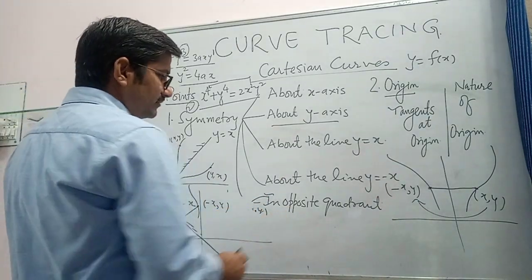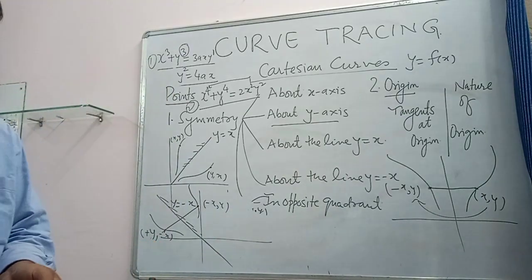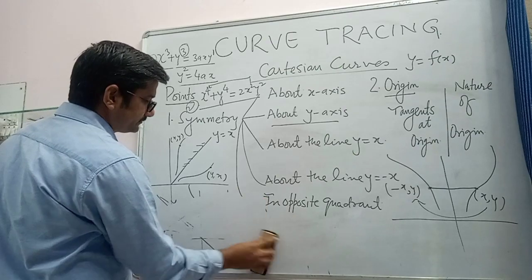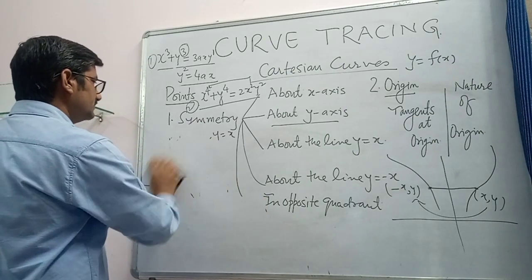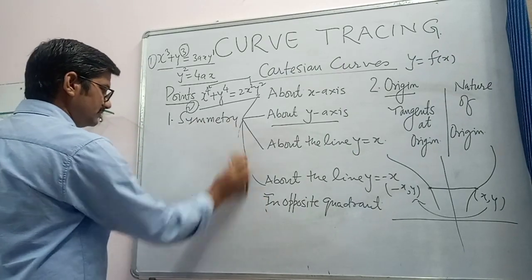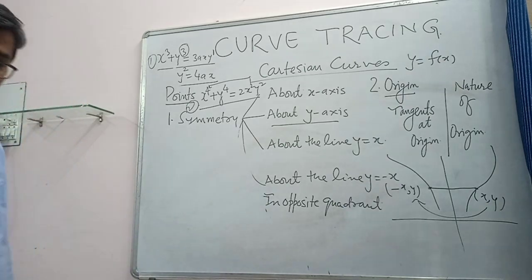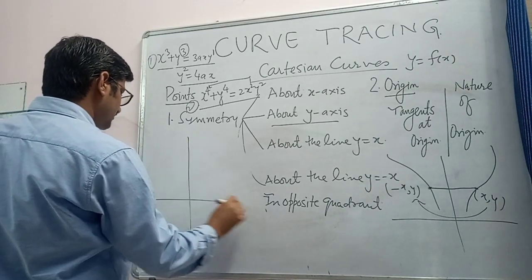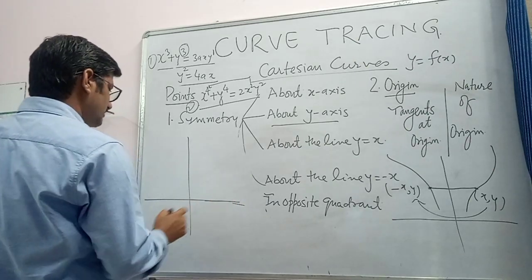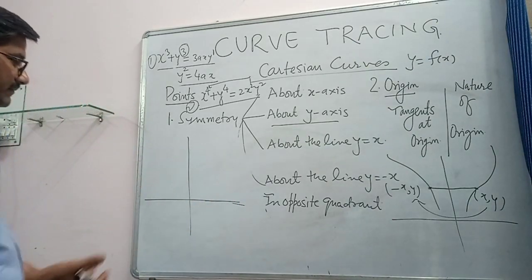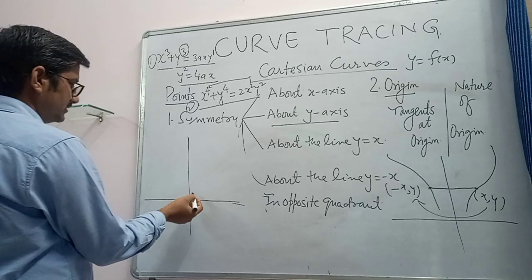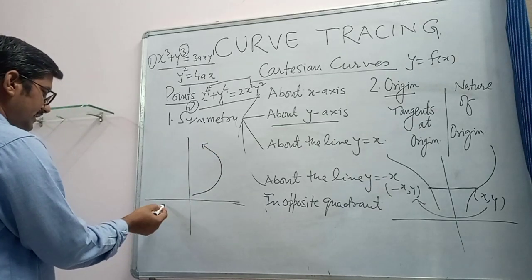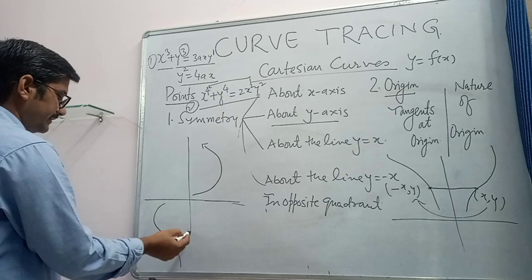Symmetry in opposite quadrants. So what is the meaning of symmetry in opposite quadrants? Students, if you have seen the statue of Nataraj, if the left hand is on this side, then the right leg is on this side.